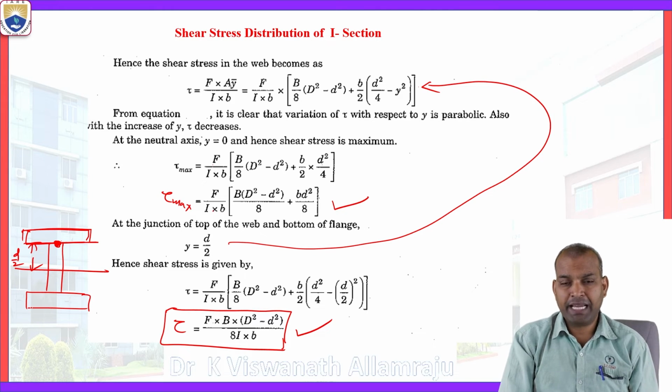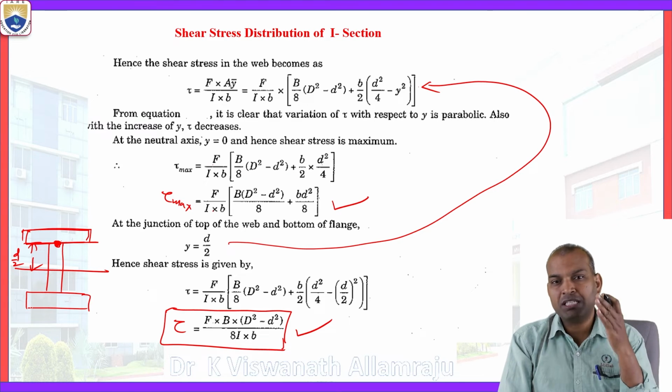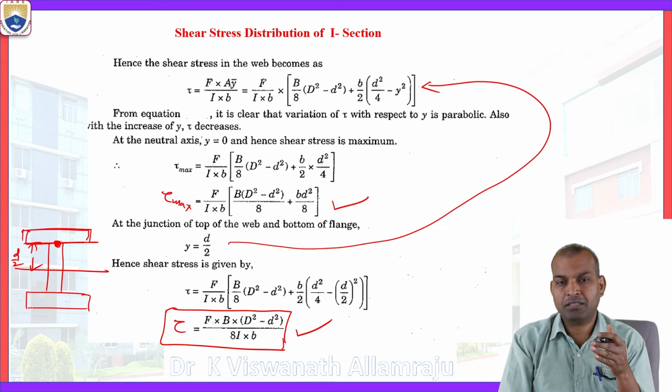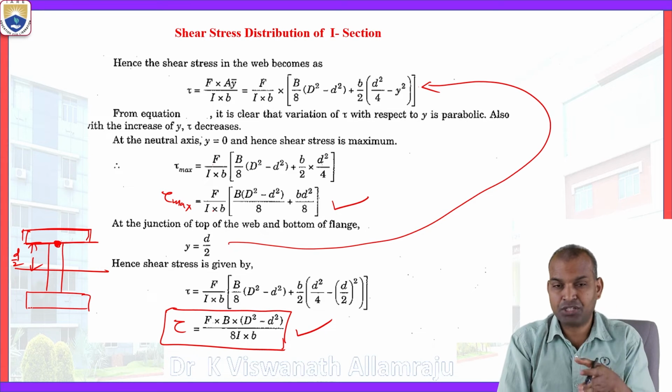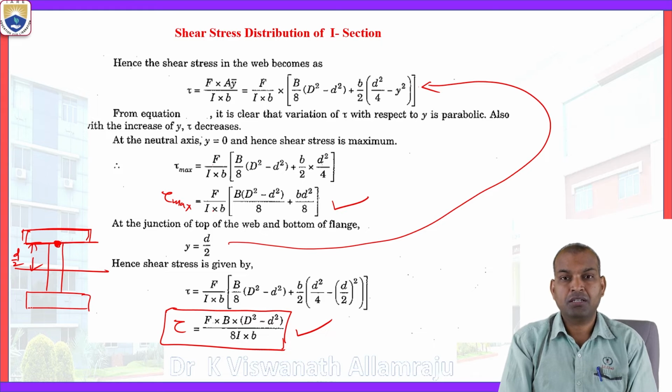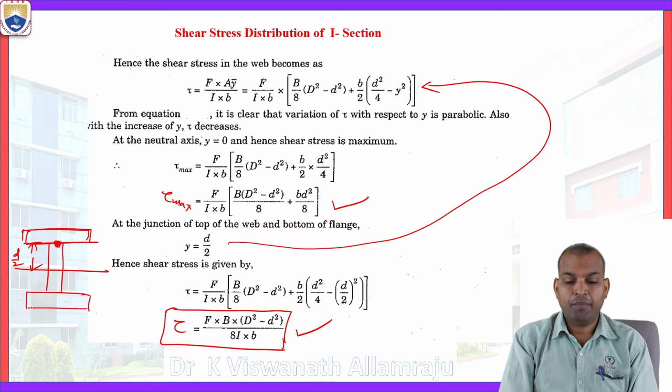The beam can be a cantilever, simply supported, overhanging, or a fixed beam. But the section of the beam is an I section. Along the section of the beam, not along the length of the beam, we see how the shear stress varies. By using this relation, we can calculate the value of the shear stress.